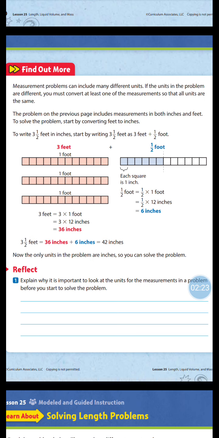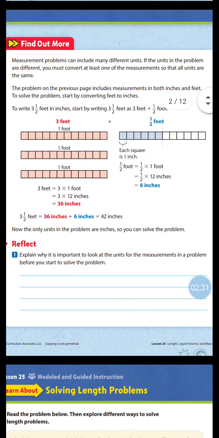So 3 times 12 equals 36. We also know that half of a foot, so 1/2 times 12, or 12 divided by 2, we get 6 inches. So we know that 3.5 feet equals 36 plus 6 inches, which is 42 inches.